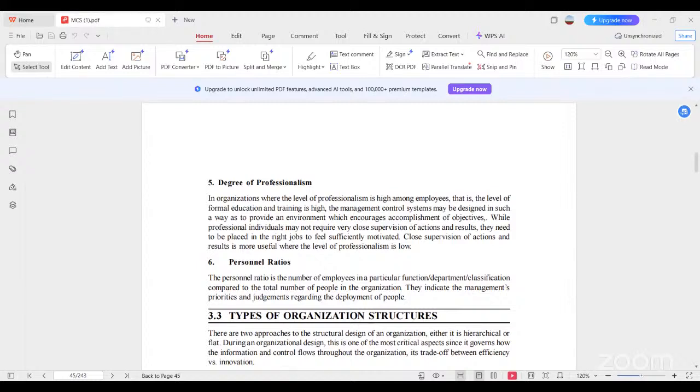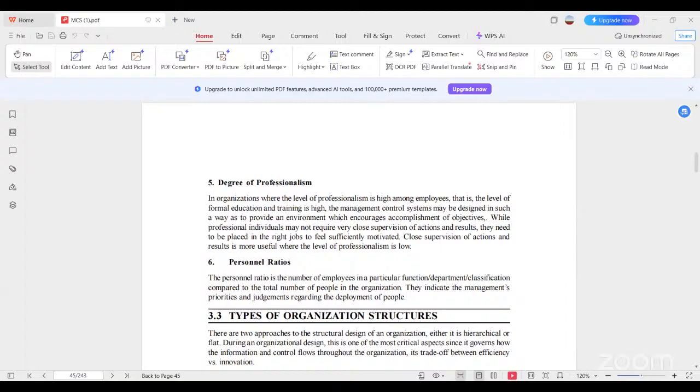What are their characteristics, their attributes? They are more self-disciplined, motivated by responsibility. They need a kind of autonomy. At the same time, what is the control method? It's less supervision, more trust, result-based evaluation.